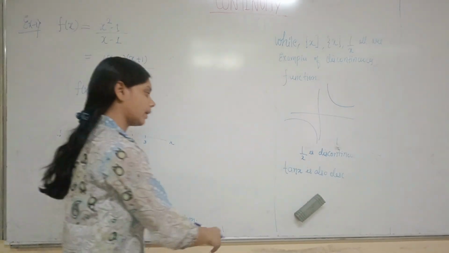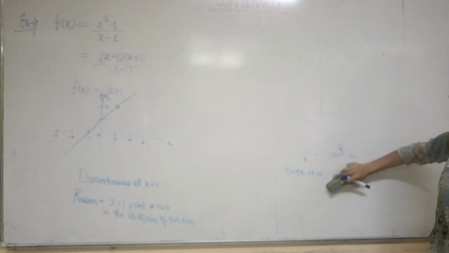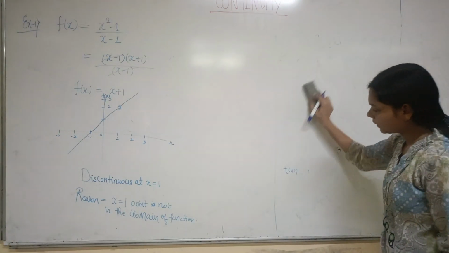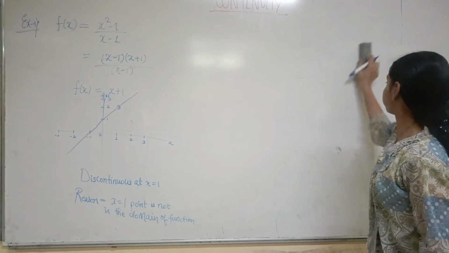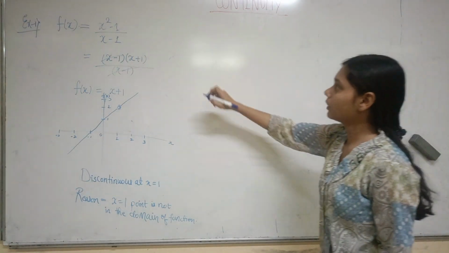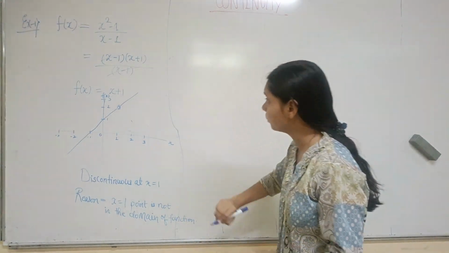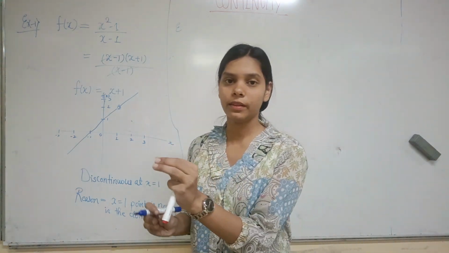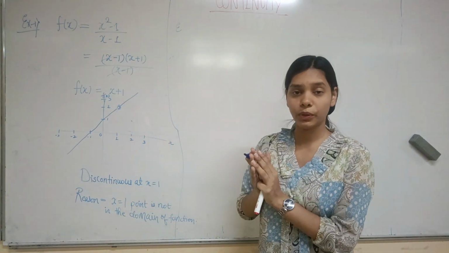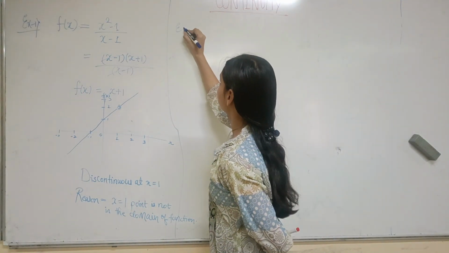Right. Now I am going to take another example from which we can see how the discontinuity occurs. This is example 1, and please keep in mind this example is very important, because after this example I am going to explain the definition of discontinuity and how discontinuity occurs. Right.